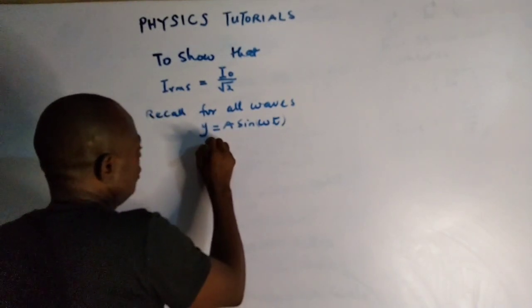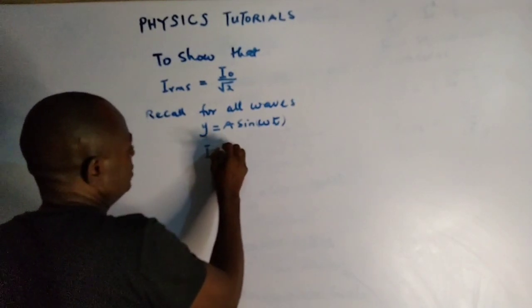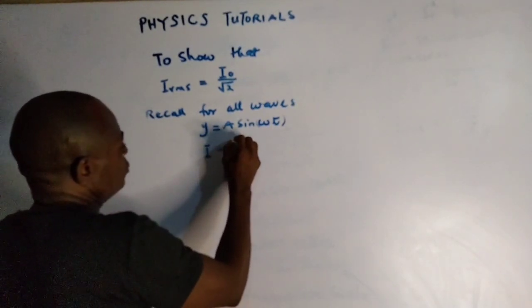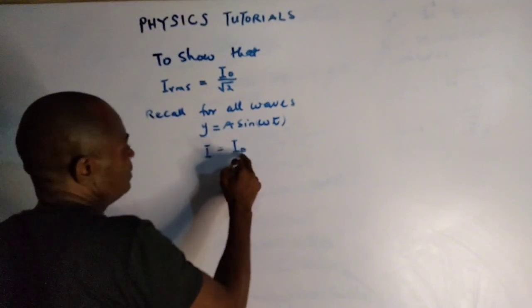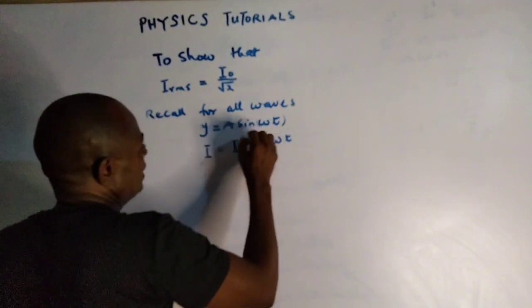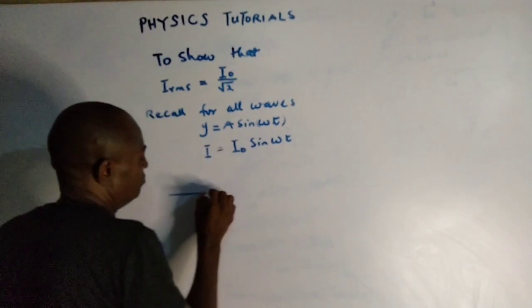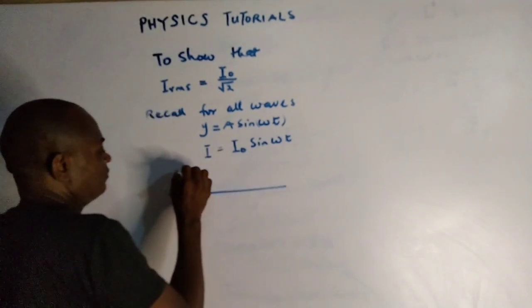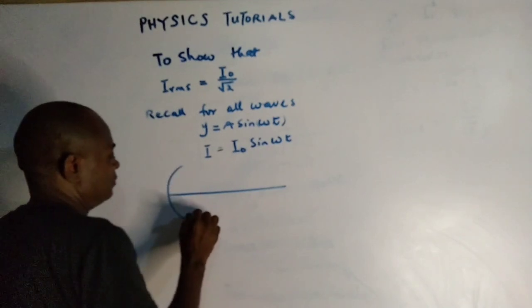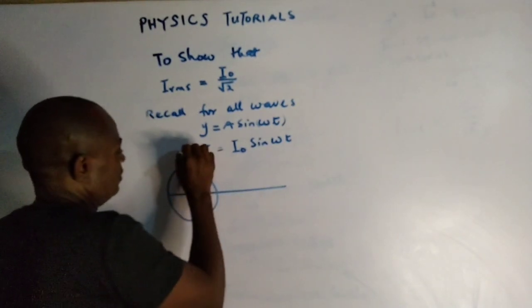So the current displacing along the vertical is equal to the maximum current times sine omega t. You can get that if you have this sort of illustration.